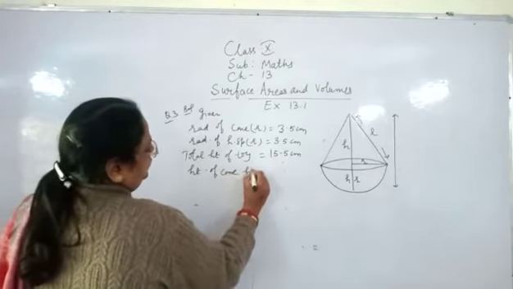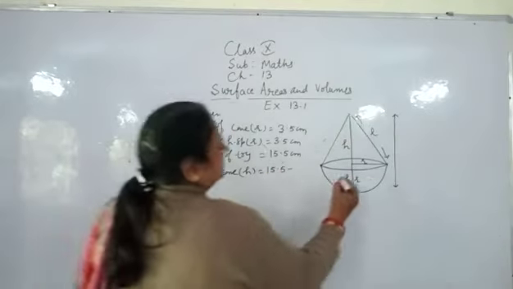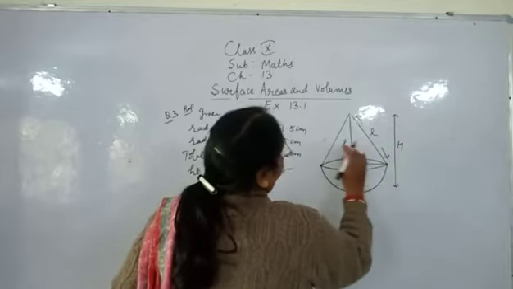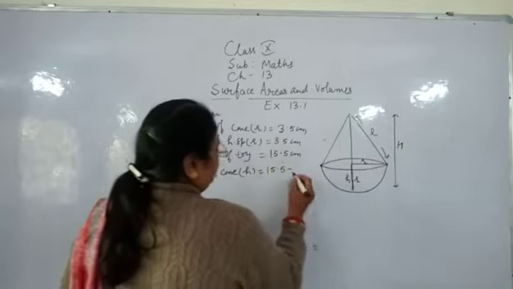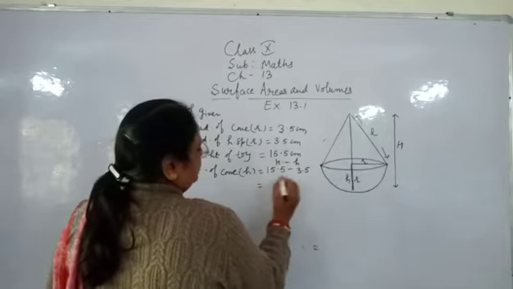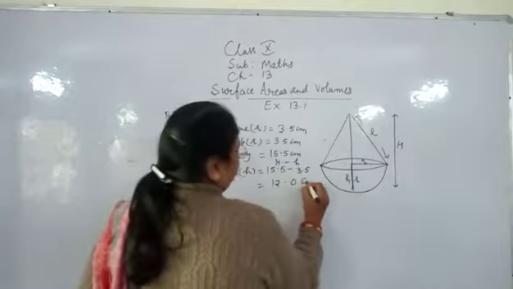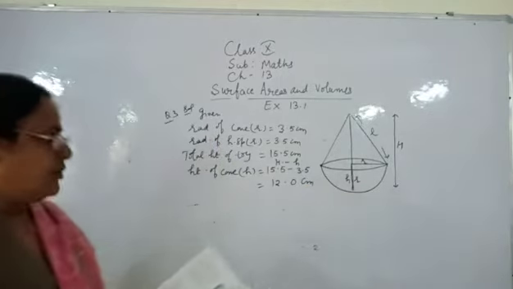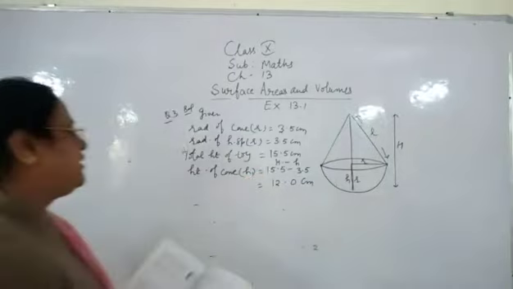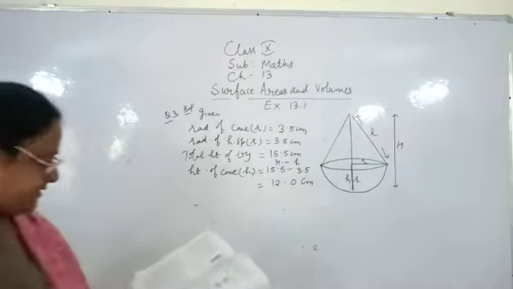So we have to find out the height of the cone, h. Height of cone h is equal to 15.5 minus, subtract this height. We can take total height and subtract this small height, that is 3.5. So it becomes 12.0 centimeter, or we can take it as h dash. The height of the conical part is h dash.